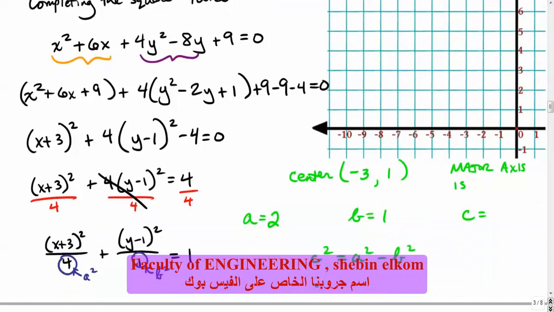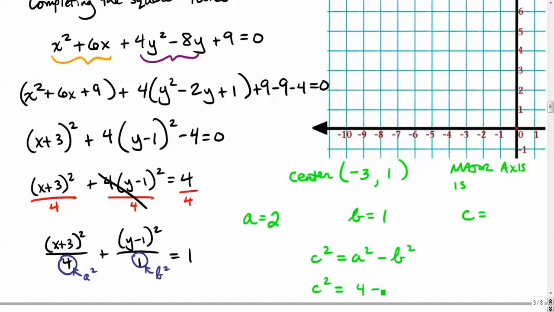And to find C, of course, we're just going to simply plug that in. 2 squared is 4 minus 1 squared, so C squared is equal to 3. C is equal to radical 3. Cool. And remember, the C value tells you the distance that your foci, excuse me, are from the center.